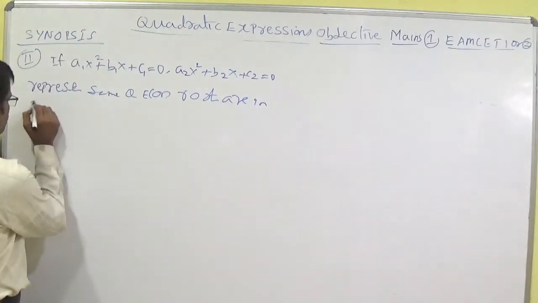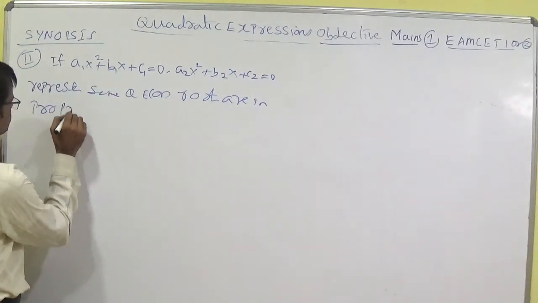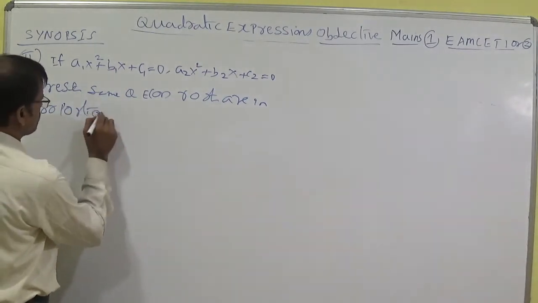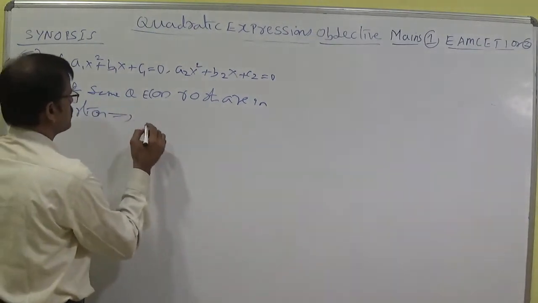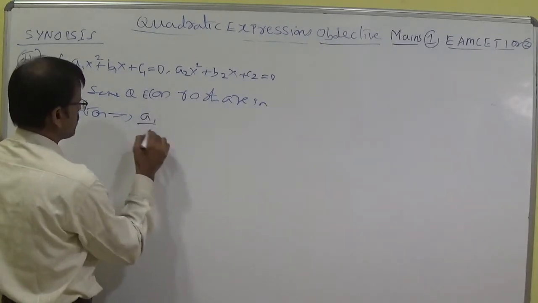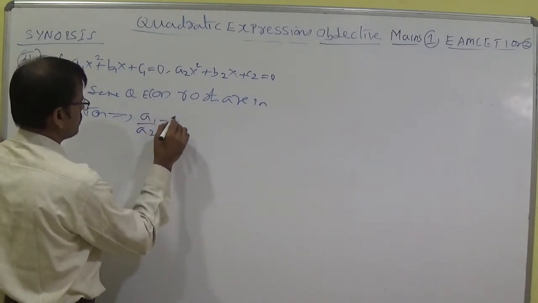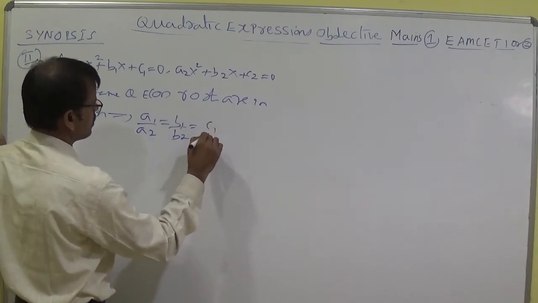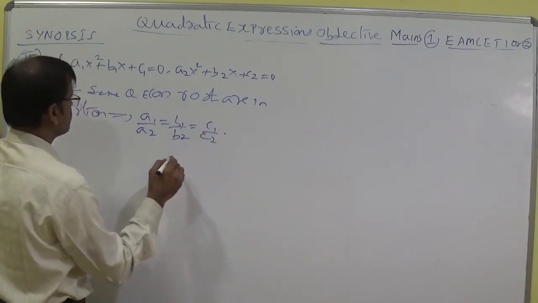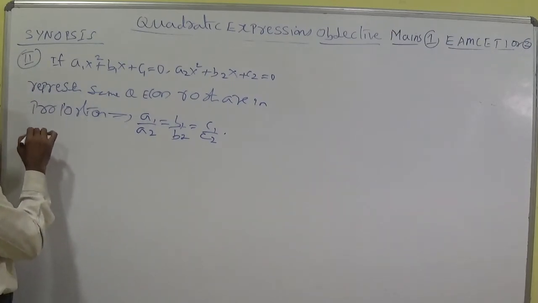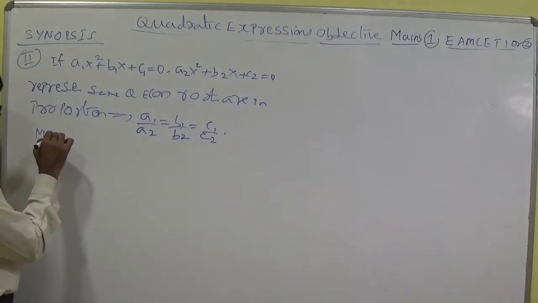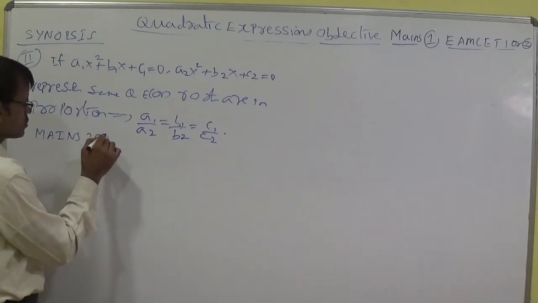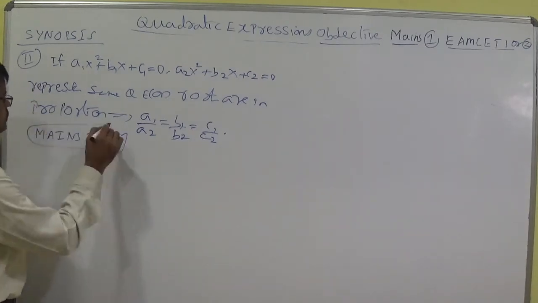If the roots are in proportion, then that implies a1 by a2 is equal to b1 by b2 is equal to c1 by c2. It depends upon this concept. It was given directly in Mains 2015.